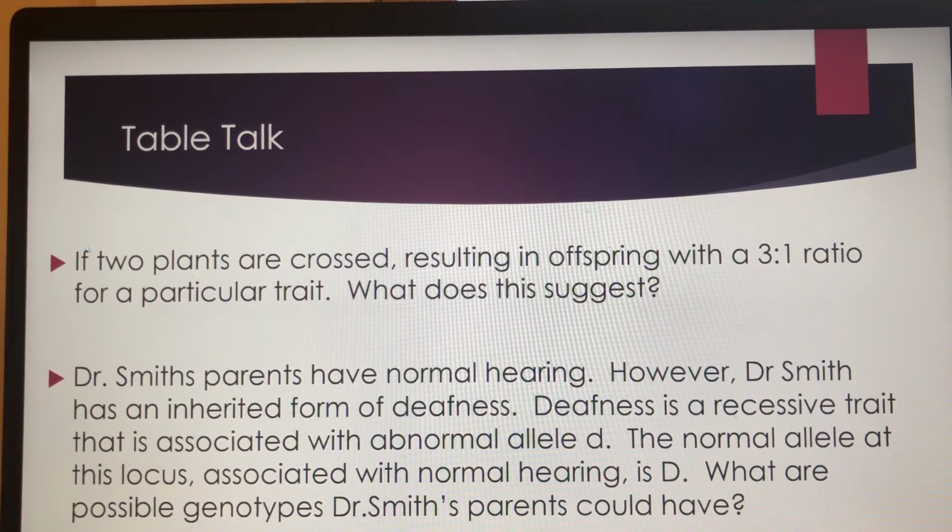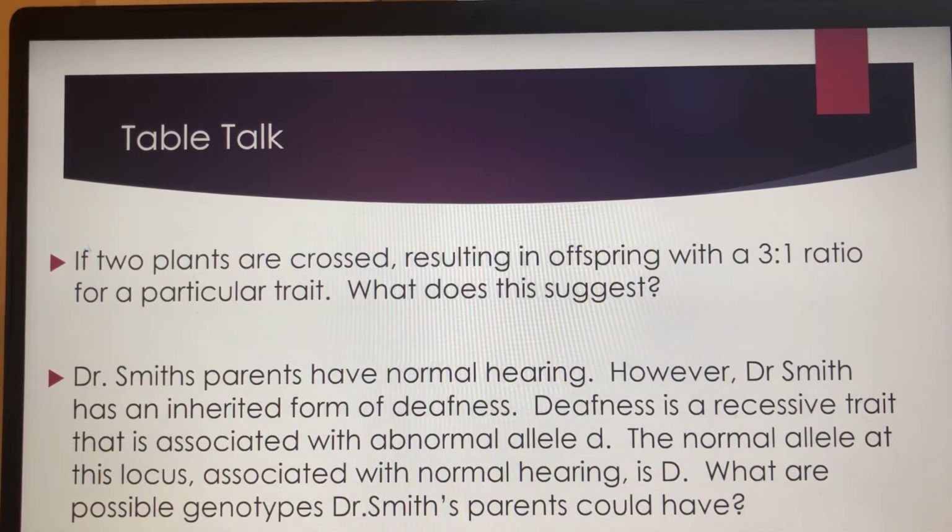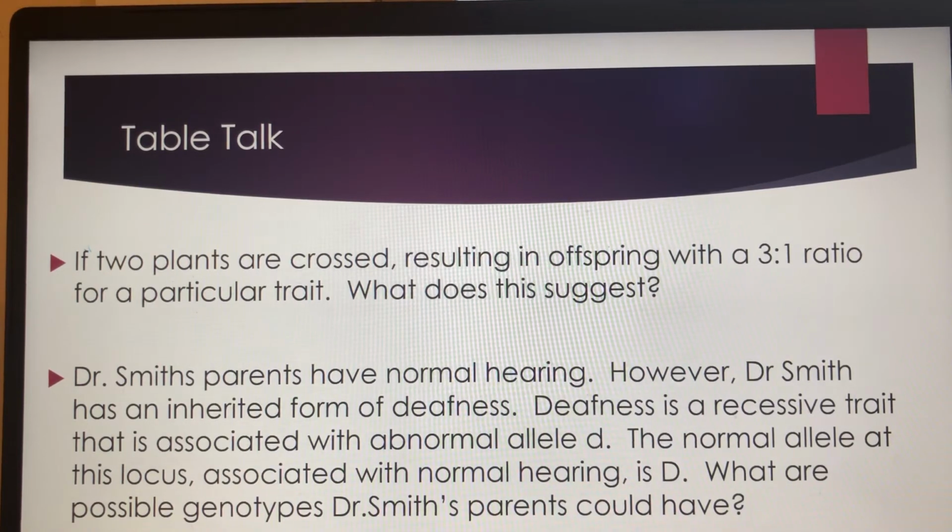So what you're looking for in this answer is that Dr. Smith would have had to inherit two little d's. So both mom and dad have to have a little d in their genotype. But it says that both parents have normal hearing. So that means that neither one of them could be the recessive, because in order to exhibit this trait, you'd have two recessive alleles, so you'd be little d little d, and neither one of them is deaf.